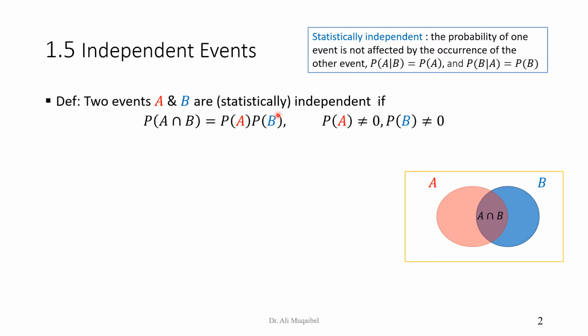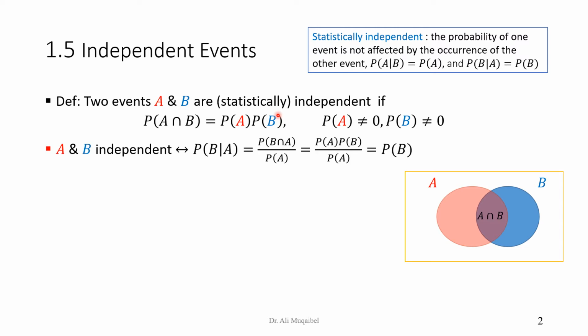Now, we can use this fact, or we can prove it. Now, if A and B are independent, remember the conditional probability of B given A equals the probability of the intersection, divided by the probability of the condition. If you are not sure, you can go back to our video about conditional probabilities.